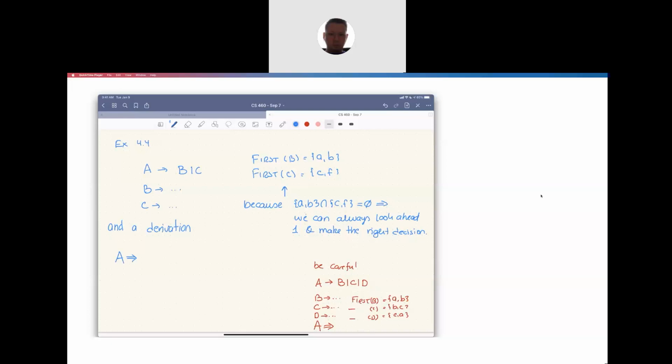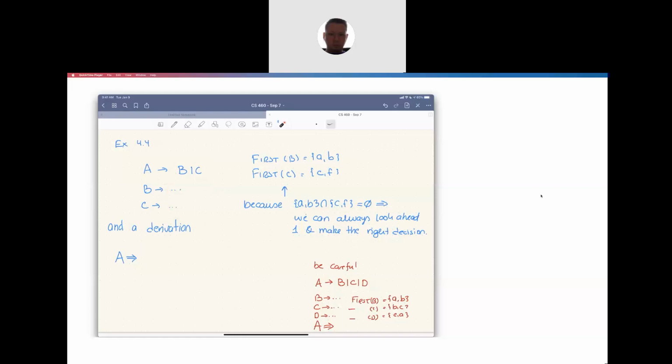So would it be acceptable to say that a necessary condition that has to be imposed on any grammar in order for it to be LL1, i.e. something that we can parse, or we can mimic the correct leftmost derivation on, for that to be possible, this sort of thing here has to be true between all the right hand sides of this one, all the right hand sides of this one, all the right hand sides of this one.